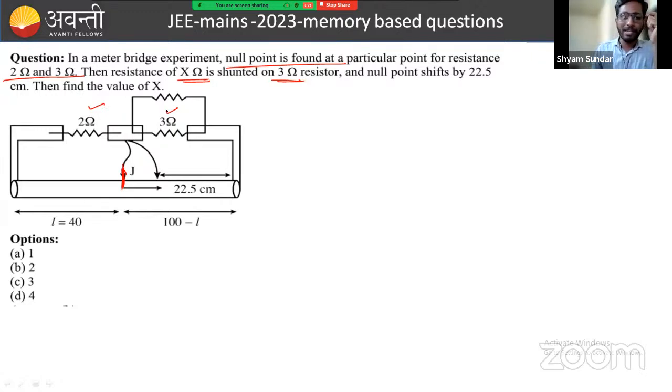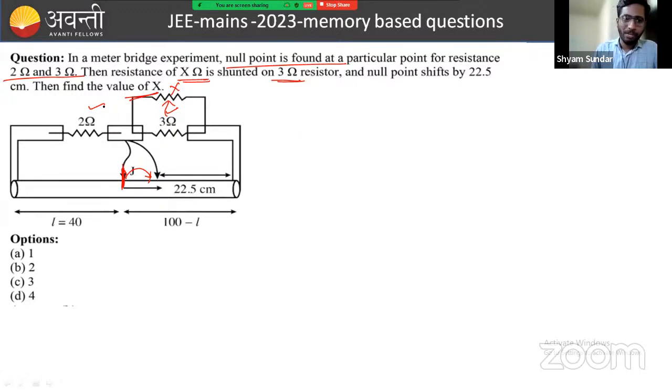After connecting the shunt resistance X ohm to this 3 ohm resistor, the null point is shifted by 22.5 centimeter. Then what is the value of X? They are asking.